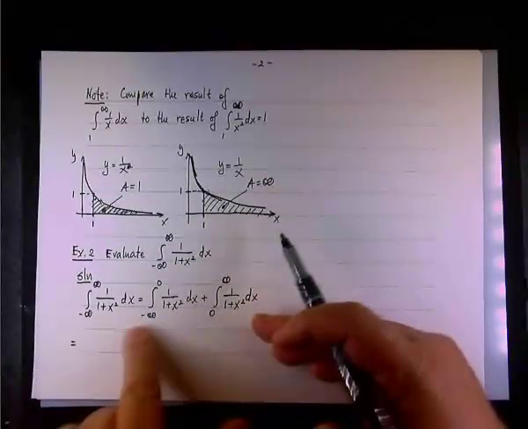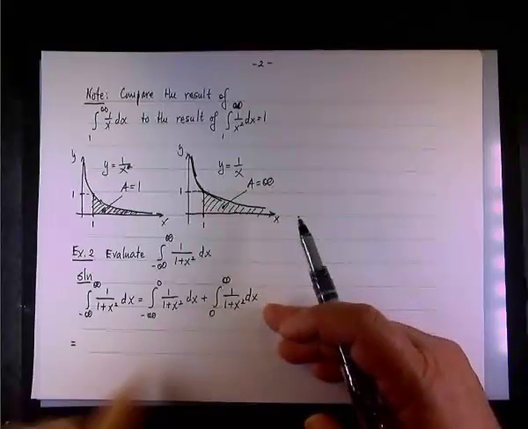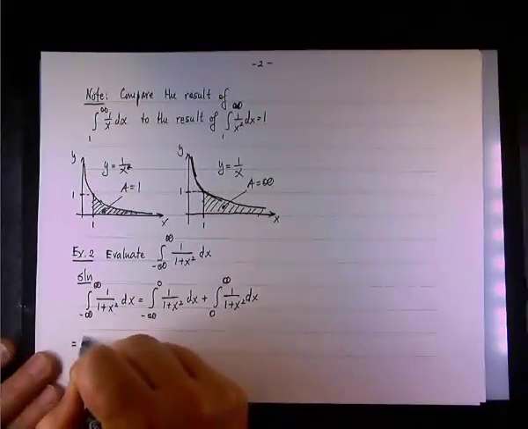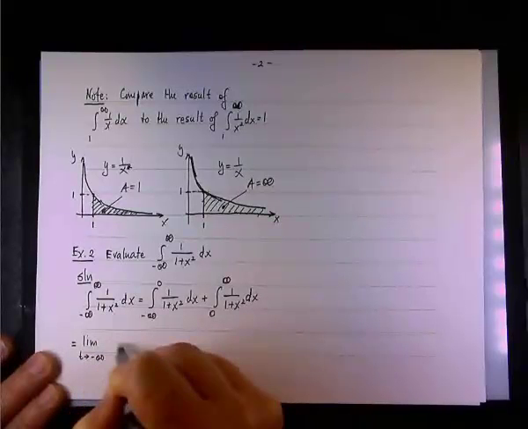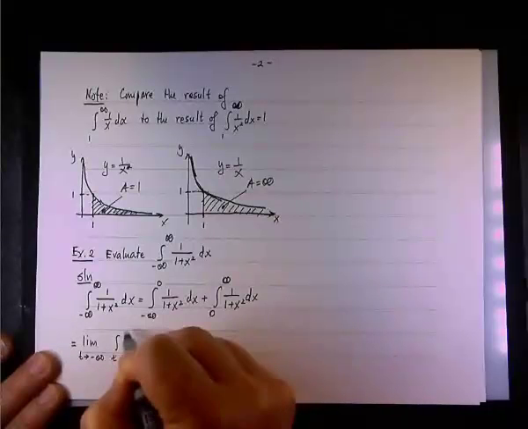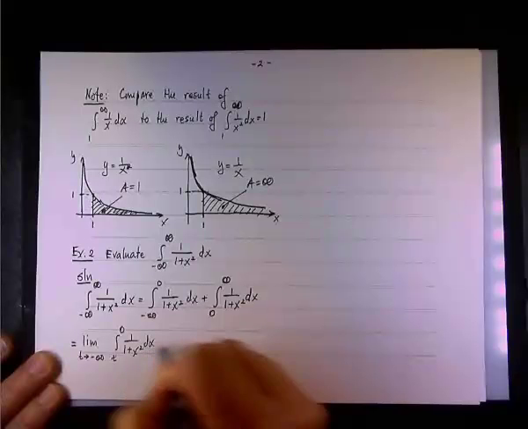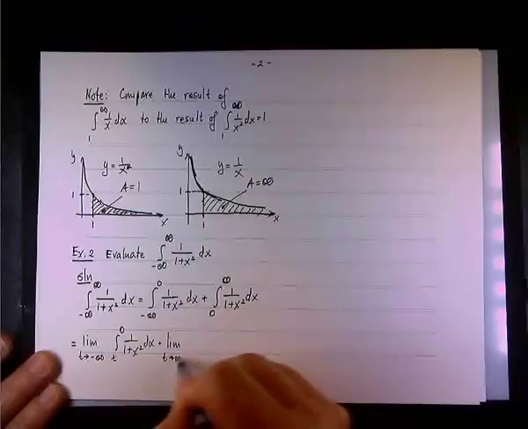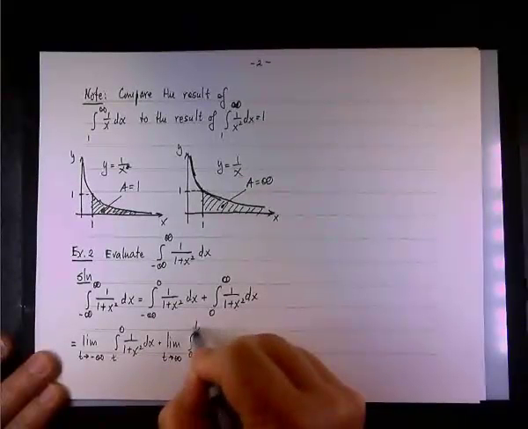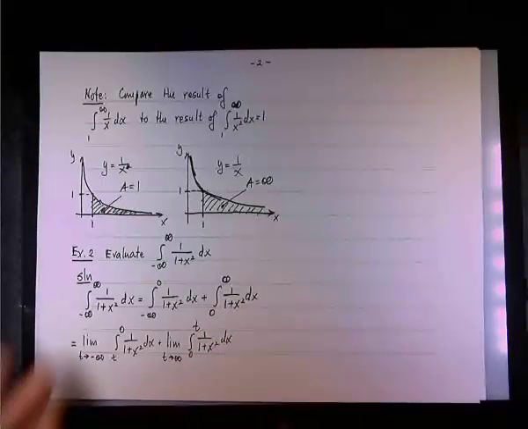So let's evaluate. Now each one is either definition 1 or definition 2, a type 1 integral. So instead of negative infinity, this will be the limit as t goes to negative infinity of the integral from t to 0 of 1 over 1 plus x squared dx, plus the limit, and this time t goes to infinity, of the integral from 0 to t of 1 over 1 plus x squared dx.